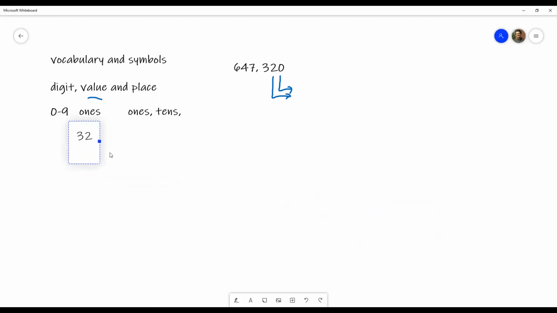What do we get? 3 tens, 2 ones. You can say it like that. And you can multiply this with 10, because I say 10 plus 2 ones equals 32. So the thing is, as you can see, these two are called the values, like 3 times 10 and 2 ones.